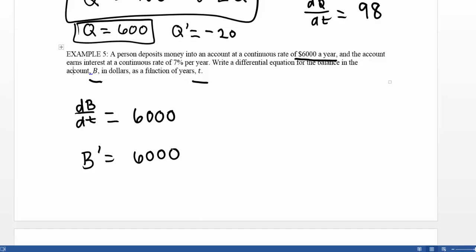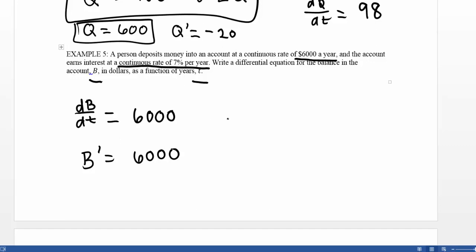Now, we're earning interest at a continuous rate of 7% per year. When you earn interest on money, the amount of interest is based on the amount of money you have. So this 7% is directly related to the balance. It's going to be 7% of the balance you currently have.